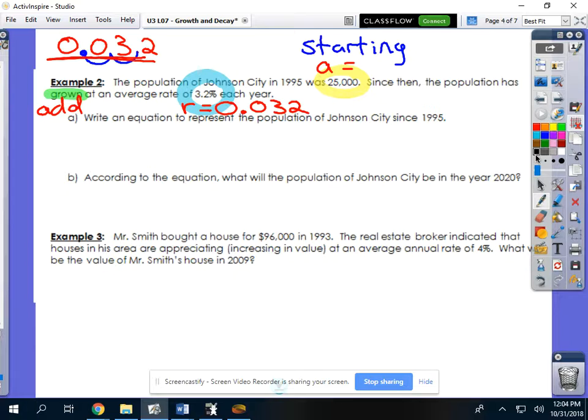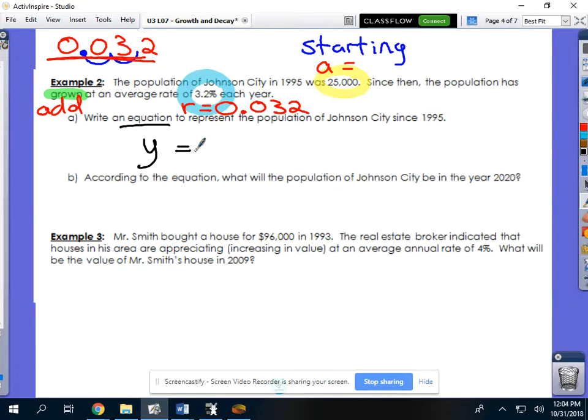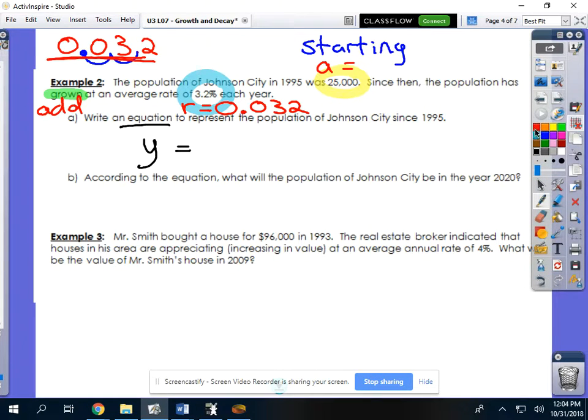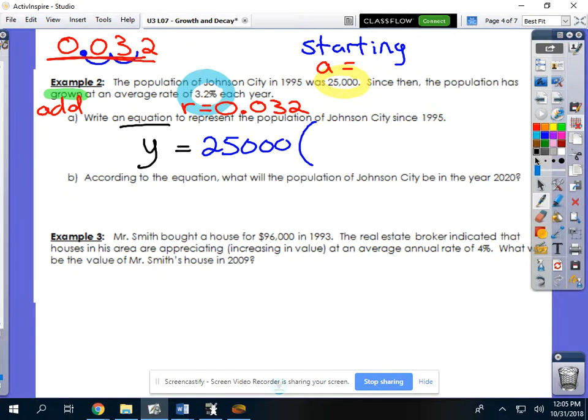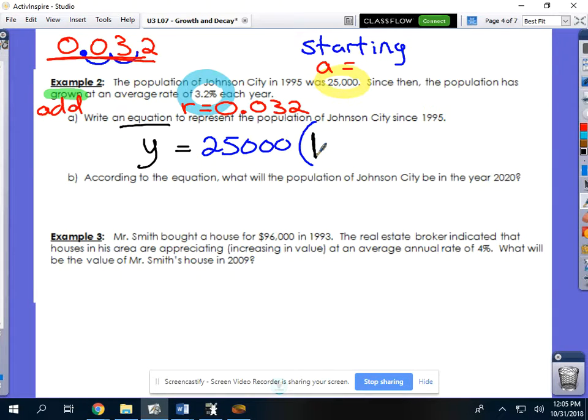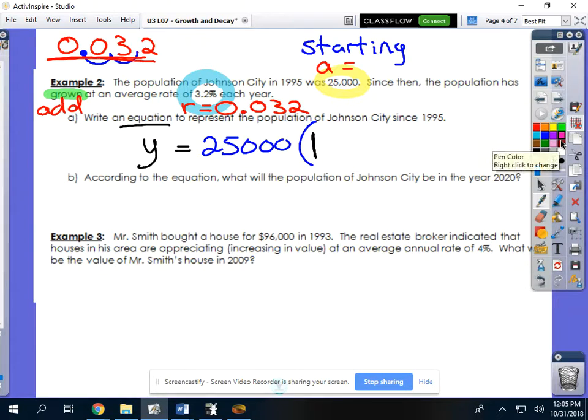So what's our equation? Our equation here is going to start out as y equals our starting amount. We talked about our starting amount. Our starting amount was the 25,000 people. So 25,000, open parentheses. And then remember, the 1 is always there. It's always going to be a 1. And then we talked about it's growing.